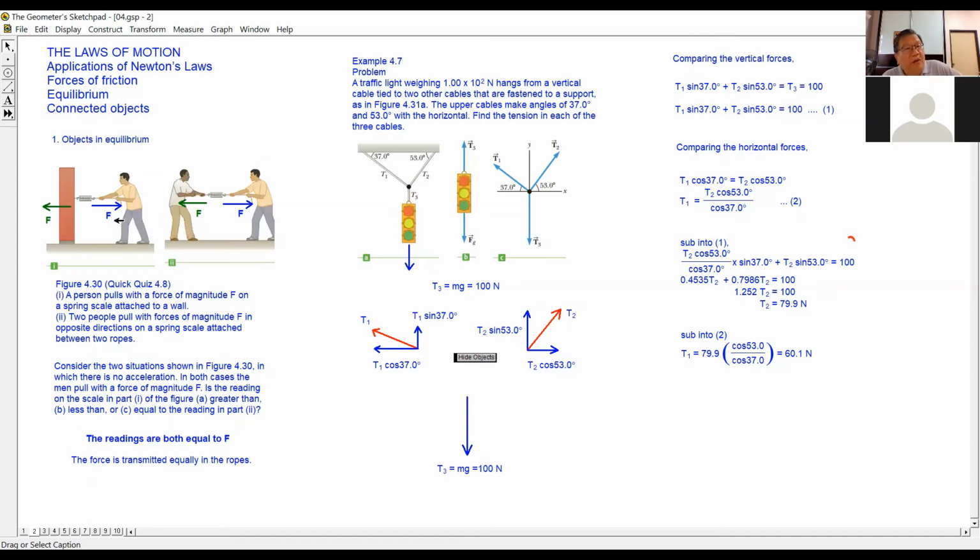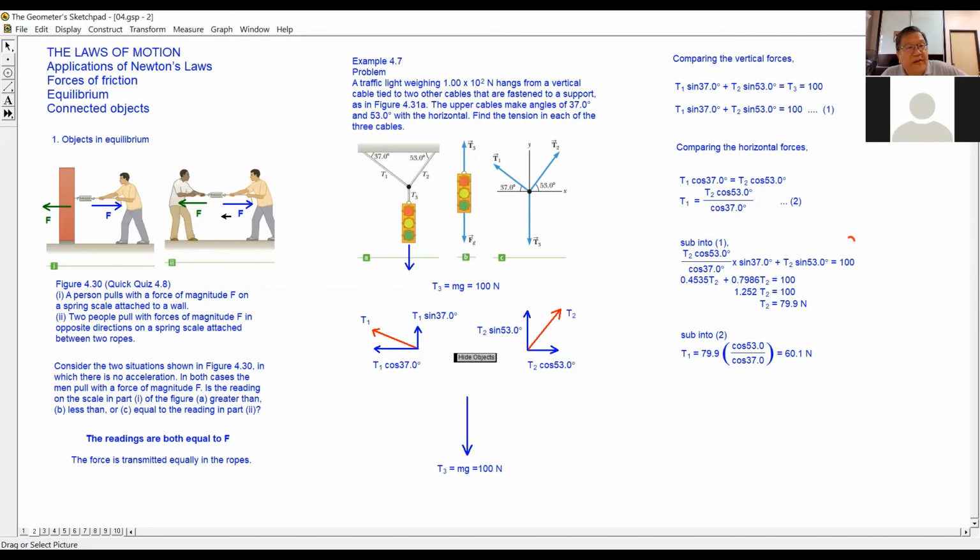But when I look at this man here, if he is exerting a force of F, of course the spring balance will show F. I look at this man again in the second diagram, he is exerting a force of F. Of course, this F will be recorded in the spring balance.